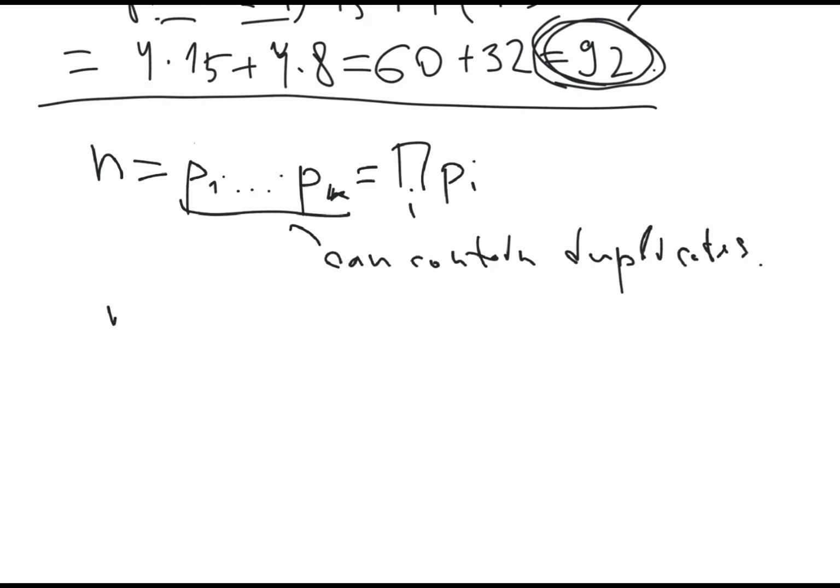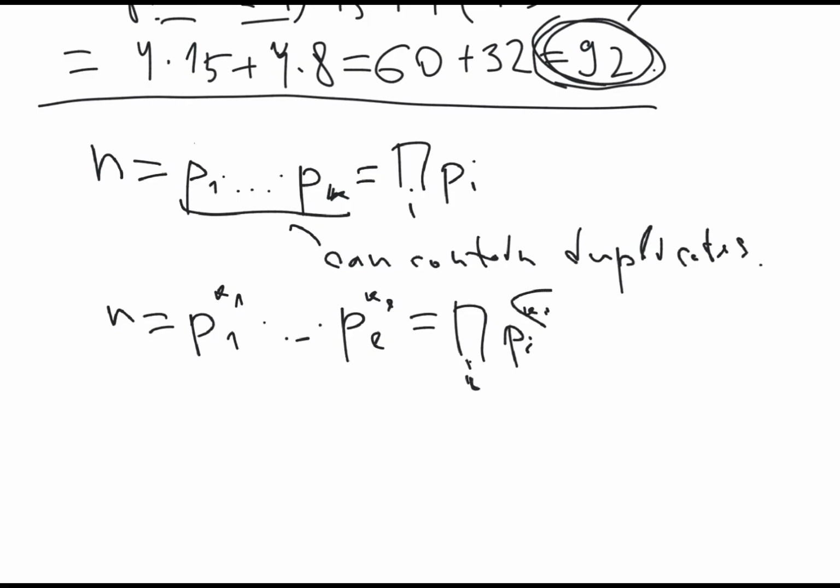So alternatively, we could write that this is p1 in some power k1, and so on, pl in the power kl, and so this would be a product by index i of the pi to the power ki. But so that not to deal with these powers, it would be easier just to write the product of prime numbers, but remembering that there could be repetitions of prime numbers there.